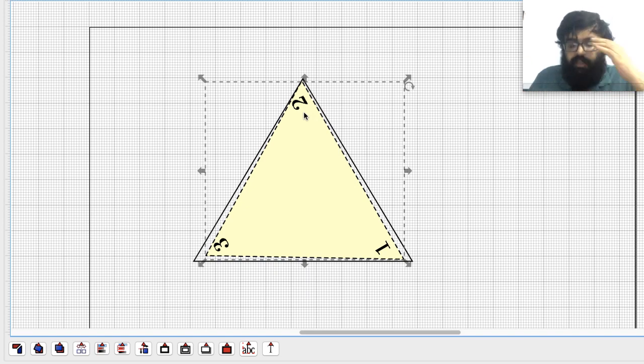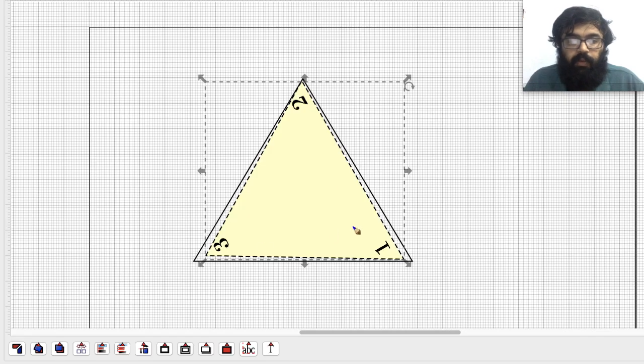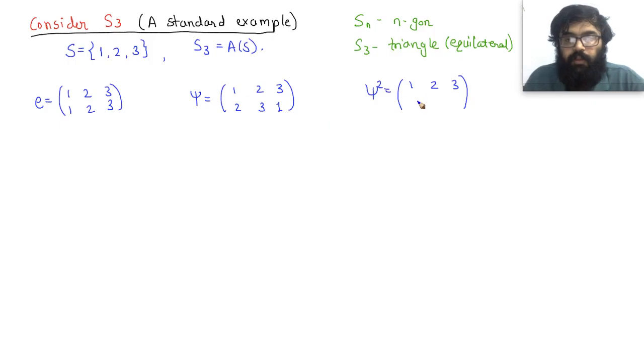So rotation by 120 degrees, then again rotation by 120 degrees, we can write this as psi square, right? Because this is rotation by 120 degrees, and again rotation by 120 degrees, so 240 total. So 1, 2, 3 has become 3, 1, 2.